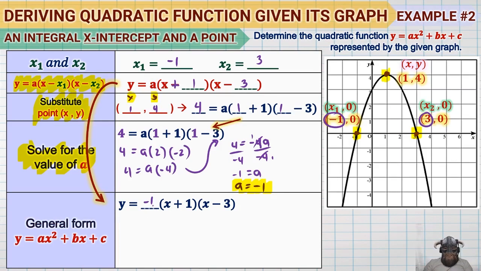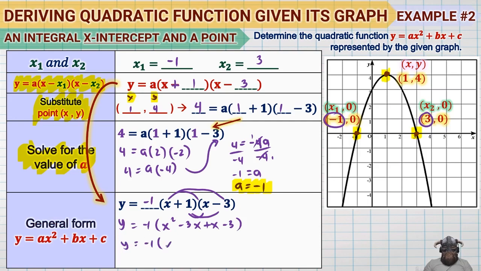So since negative 1 na yung A natin, simplify lang natin to, multiply natin tong dalawang binomial, then we multiply negative 1 from the results. So, y is equal to negative 1 times, foil muna natin to, x times x is x squared, x times negative 3 is negative 3x, 1 times x is x, so plus x to, then 1 times negative 3 is negative 3.